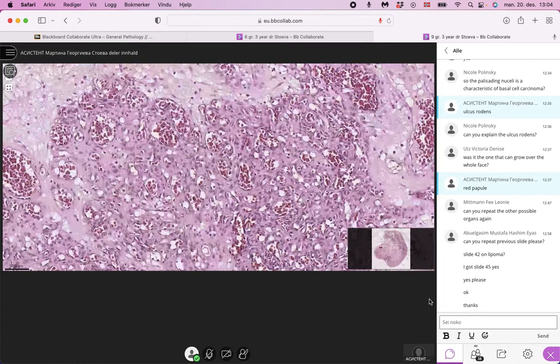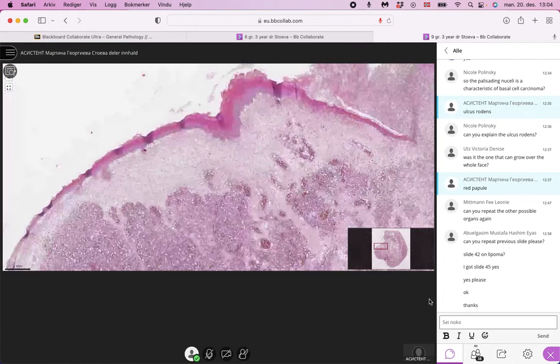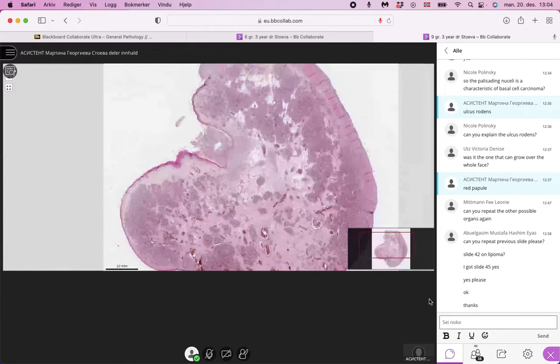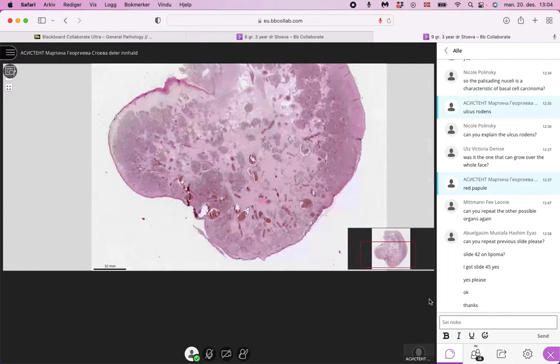And yes, sometimes the hemangiomas, although they are benign, they are large tumors with irregular borders. So this is a characteristic finding for some of the hemangiomas.